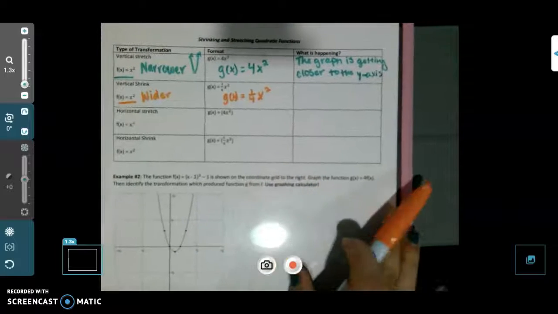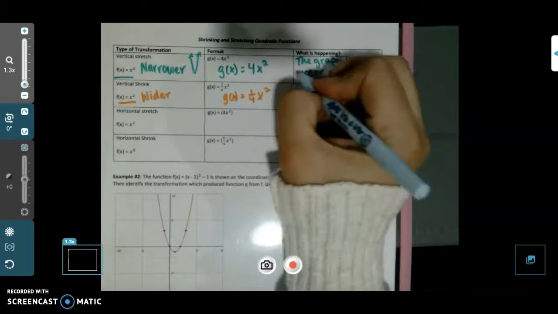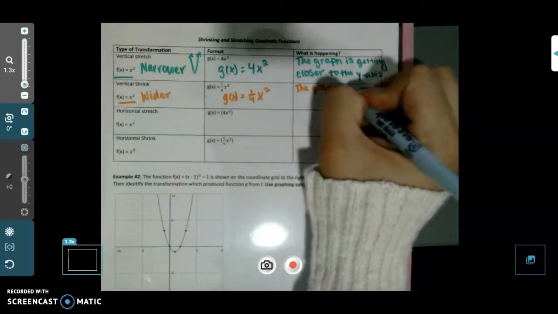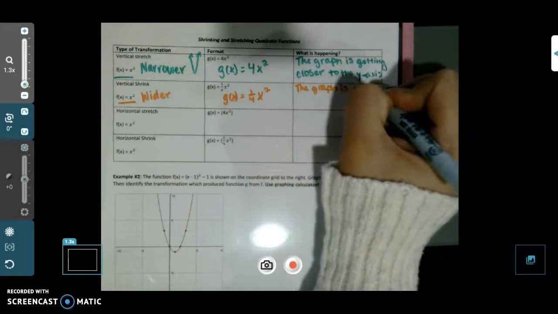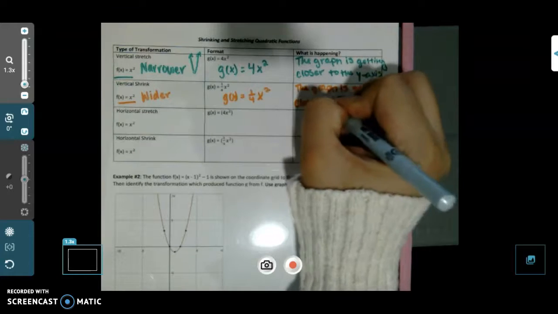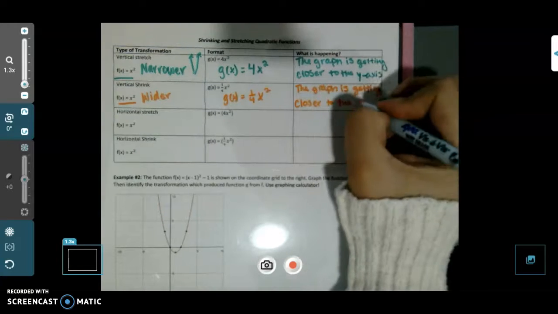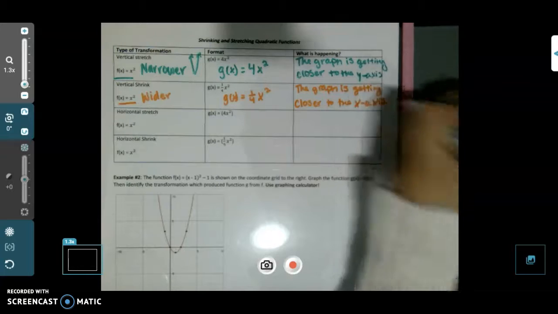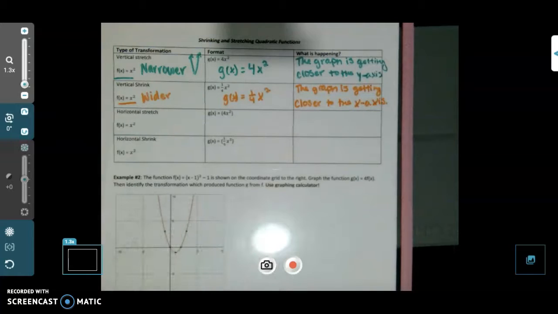So we would say the graph is getting closer to the x-axis. Okay? Now that's my vertical stretch and my vertical shrink.